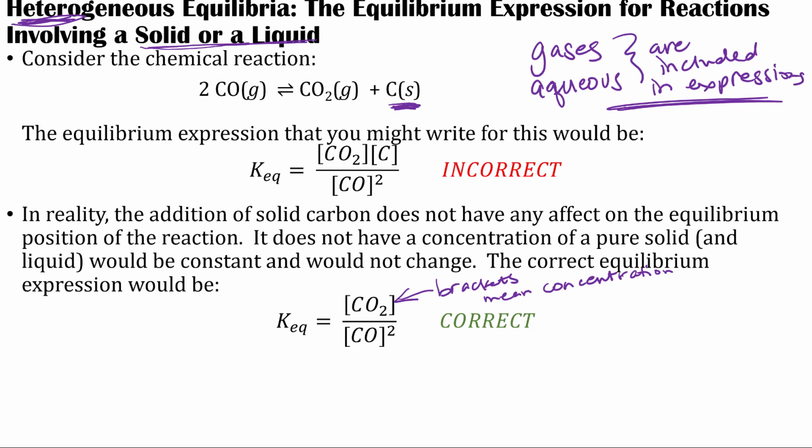So when we look at this reaction here, I'm not going to include this. It's in the chemical reaction, but I'm not including it in K. And I've got CO2 raised to the first power divided by the reactant CO squared. And that's all you would have to do.